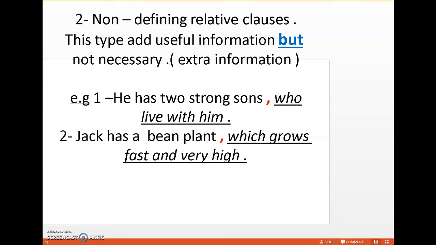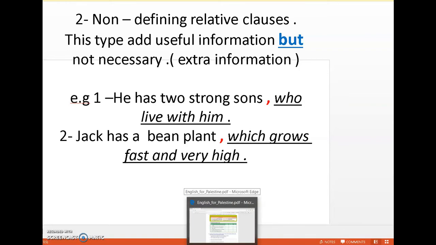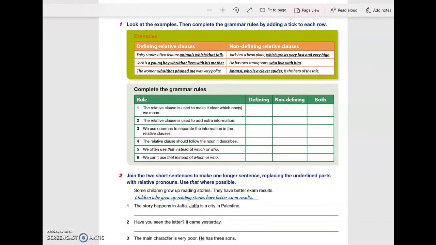Let's move to your box. Open your box, page 92. Look at the chart or the table here. We have examples about defining relative clauses and non-defining relative clauses.